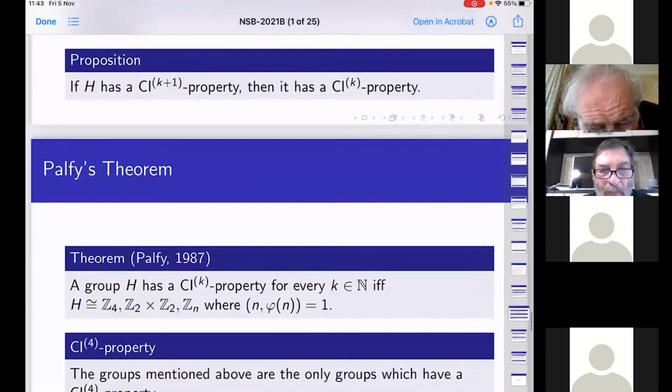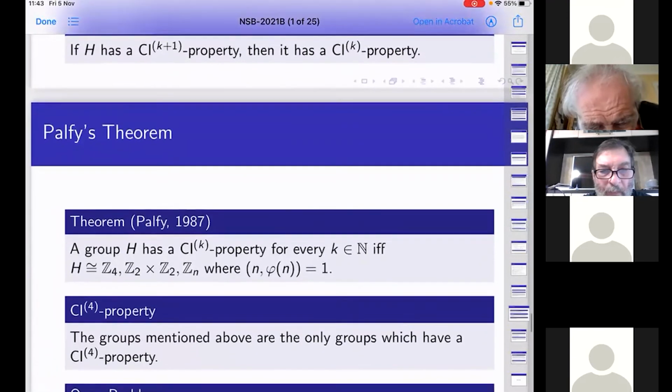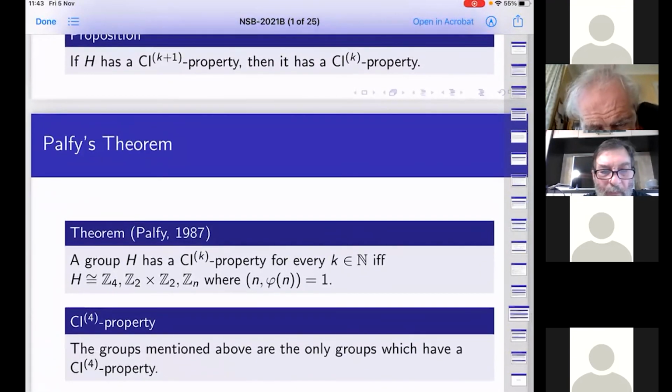Now, he also proved that the groups that you see here are the only groups which have the CI4 property. So that means if I take a group which is different from those in the list, they don't have the Cayley isomorphism property for quaternary structures.